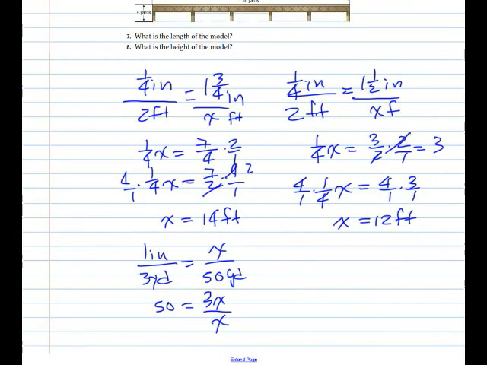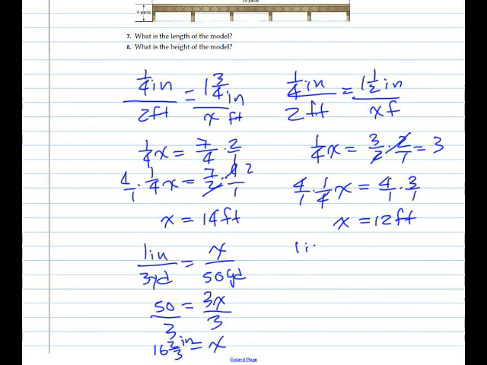We get 50 equals 3x, which means we're going to divide both sides of our equation by, not by x, but by 3. Which gives us a length of 16 2/3 inches. That's our scale.